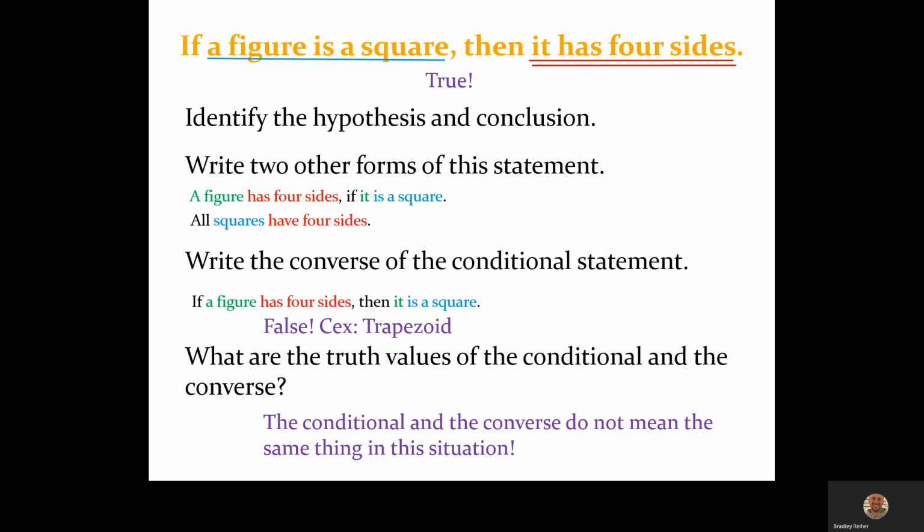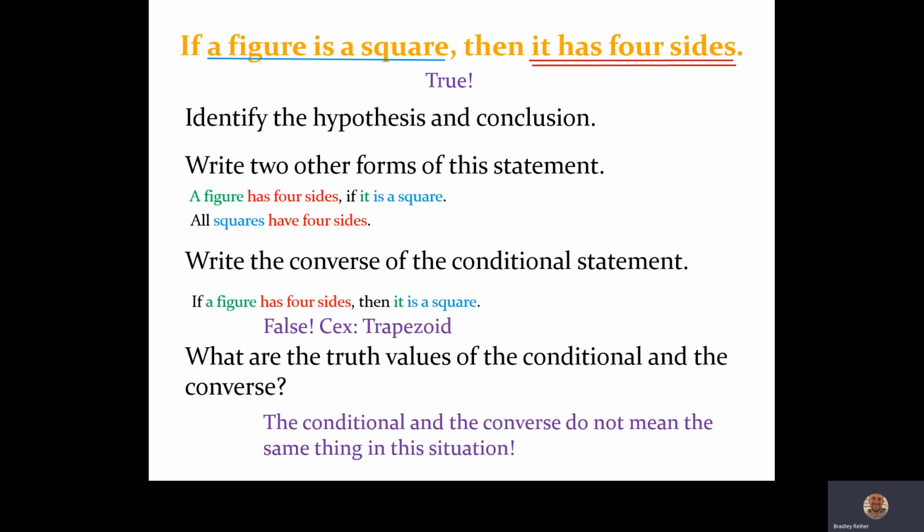Converse. Switch the red and the blue, but don't move the word if and then. So, if a figure has 4 sides, then it is a square. Notice again how we have the pronoun situation there. Use the pronoun second.